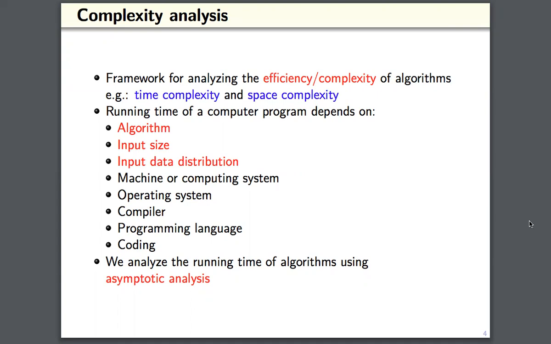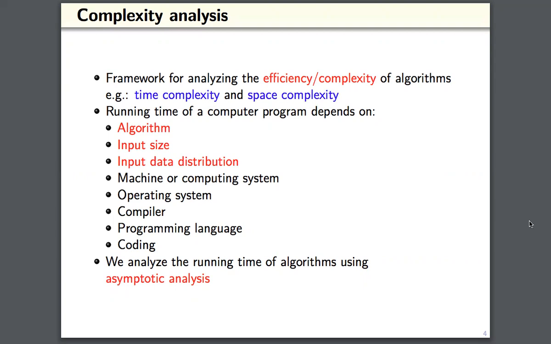In this abstract model or framework, we consider the total number of computations, the asymptotic number of computations, or order of the number of computations, or messages, or queries, or something like that, right? This abstract model in which we compare two computer programs, you can call complexity analysis.